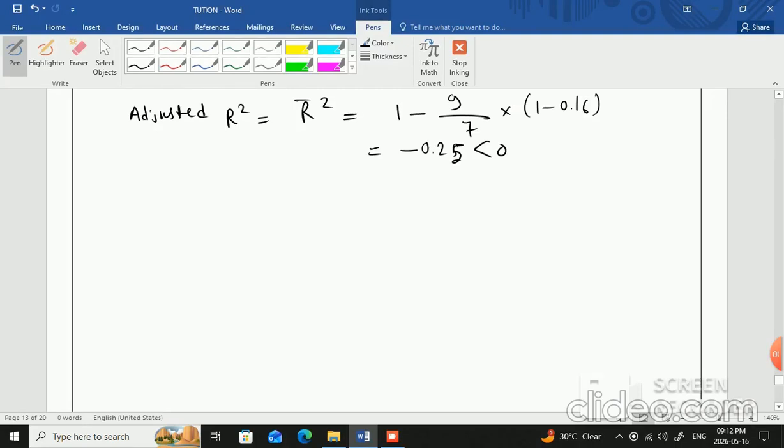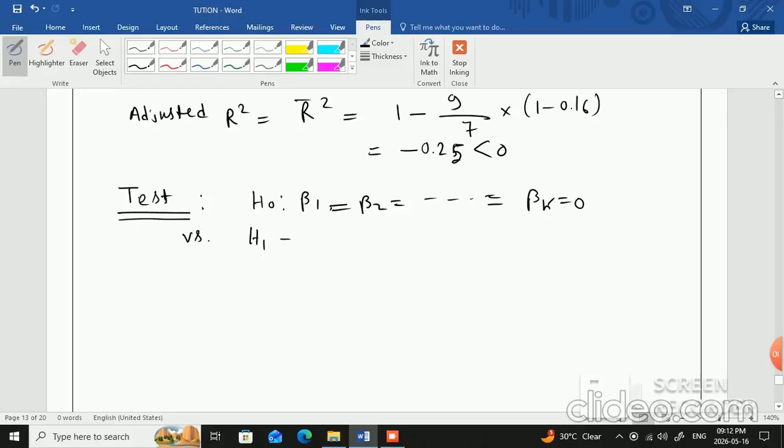Now we discuss the test, how to test the multiple linear regression. Obviously here use hypothesis test. H naught is beta 1, beta 2, ..., beta k all are zeros, and alternative is at least one beta i not equal to 0 for i equal 1 to k.